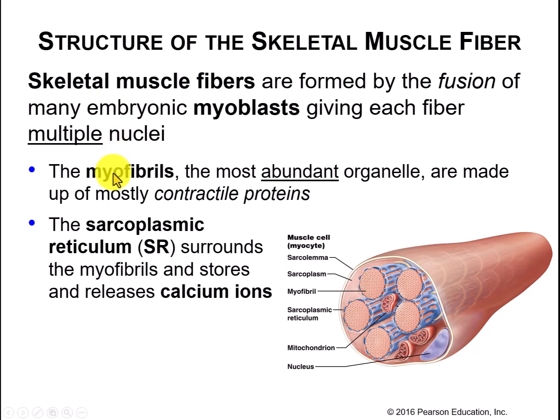And so our myofibrils are the most abundant organelle, made up mostly of our contractile proteins, which are our actin and our myosin. As I mentioned earlier, the big job the sarcoplasmic reticulum has in muscle cells is to store calcium ions, which are also critical in muscle contraction.